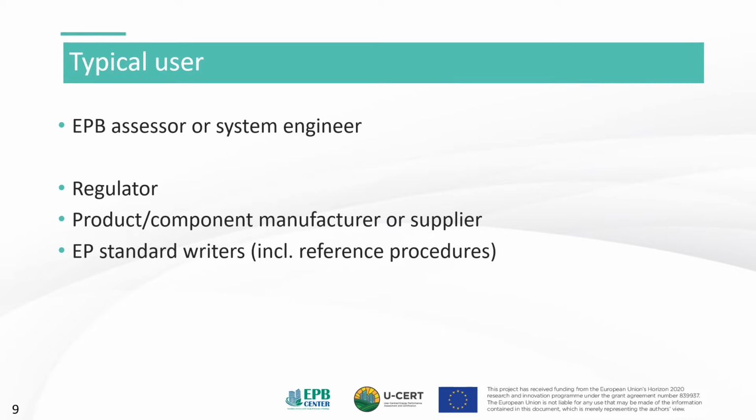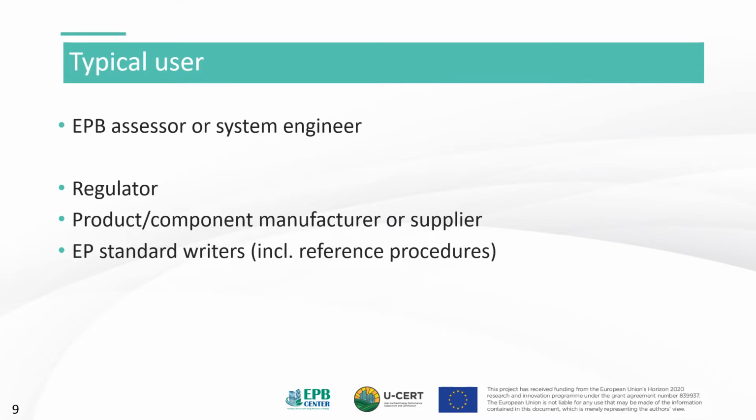As a next step, we can also look at the typical user of the EPB standard. Is it a standard that is typically used by an EPB assessor or system engineer, to do the actual EPB assessment? Or is the standard, for instance, targeted to regulators or to product or component manufacturers or suppliers?